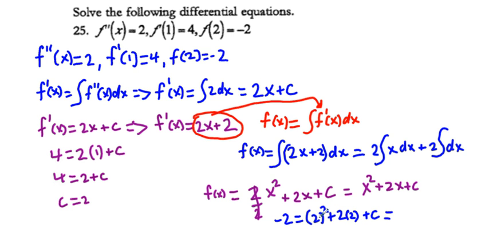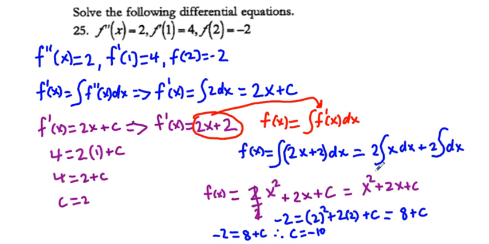So we have 2 squared is 4 plus 2 times 2, that's 4. So we have 8 plus c. So we have negative 2 equals 8 plus c. And if we subtract 8 from both sides of the equation, therefore, c equals negative 10.